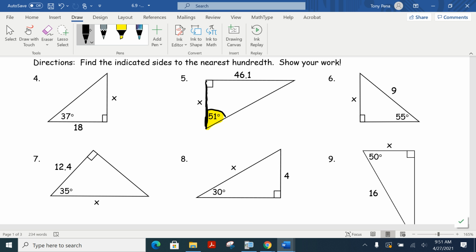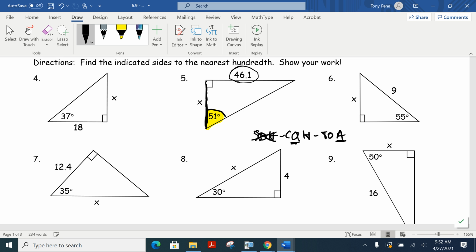That's the adjacent side. So we have to take into account when we start talking SOHCAHTOA, it does us no good to consider sine right now because it doesn't include the adjacent side at all. But if we look at cosine, we have an adjacent. If we look at tangent, you have an adjacent. So if we're going to solve for x with 51, we have to use one that has the adjacent side.